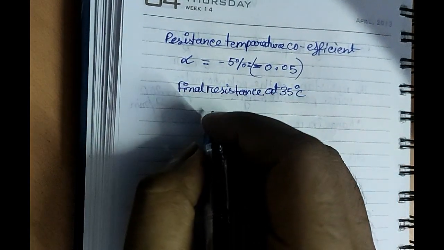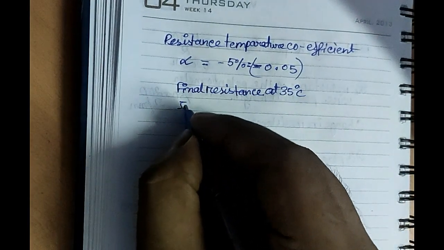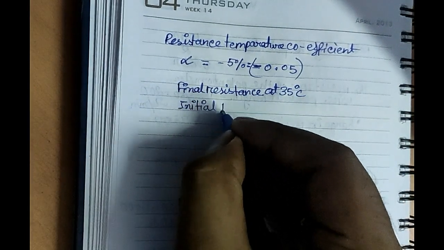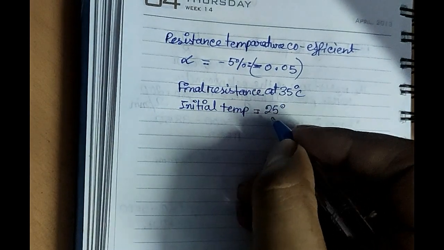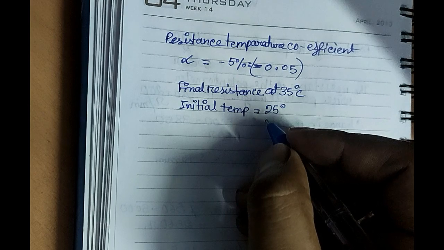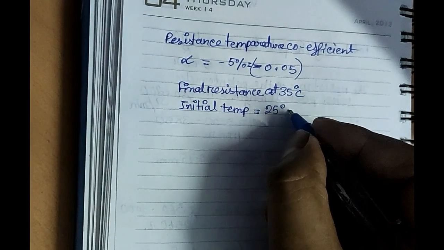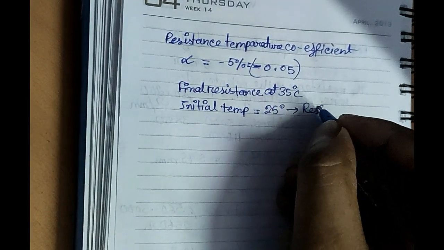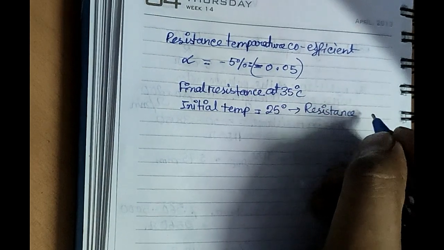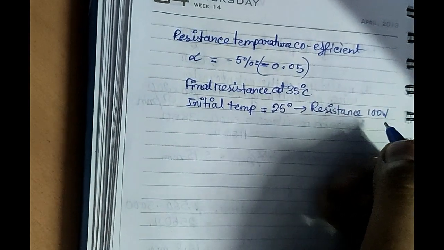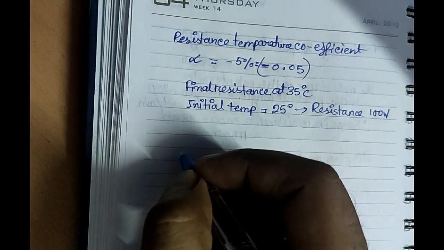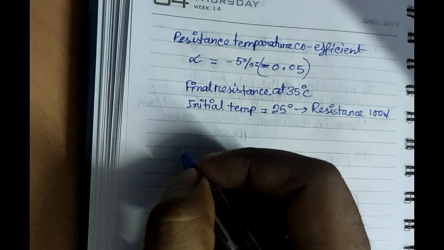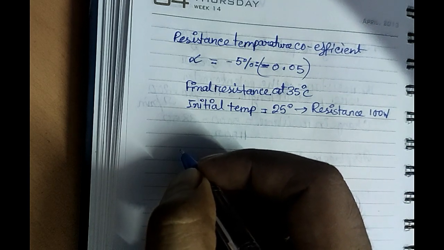The initial temperature is 25 degrees, and it is also given that the resistance of the thermistor is 100 ohms at 25 degrees. Now you have to find the resistance of the thermistor at 35 degrees centigrade.